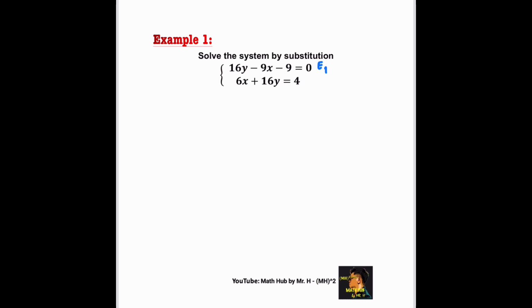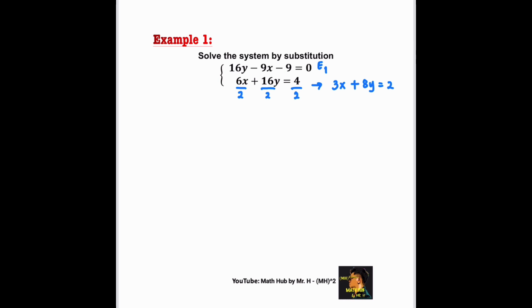So we divide each term by 2: 6x divided by 2 becomes 3x, plus 16 divided by 2 is 8, so it becomes 8y equals 4 divided by 2 is 2.